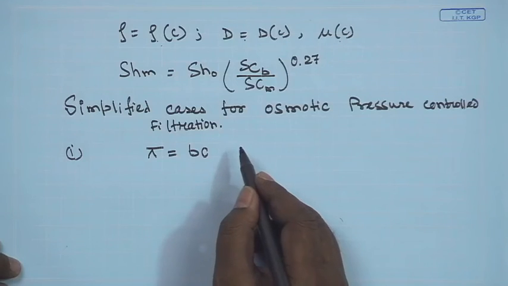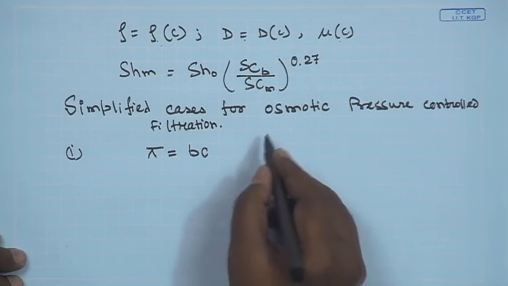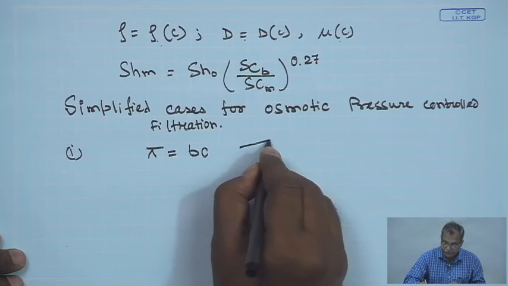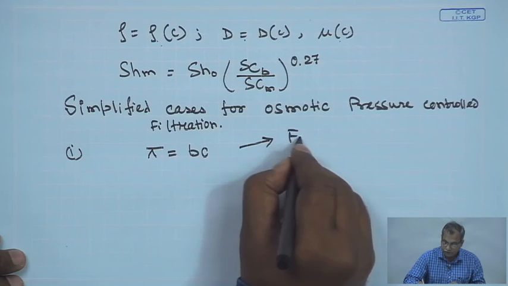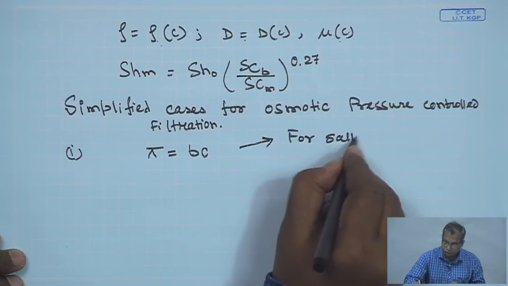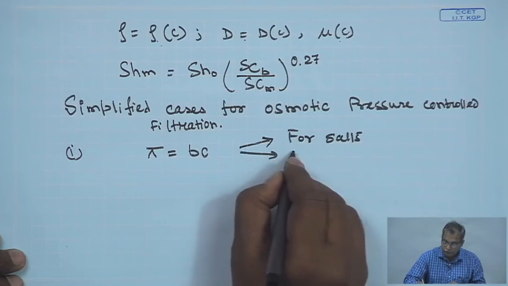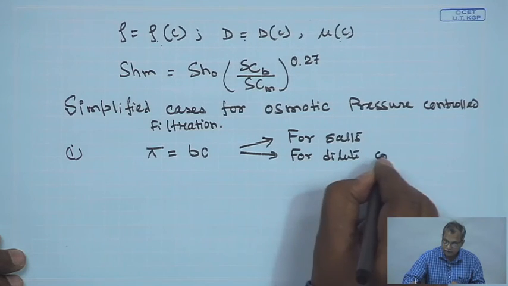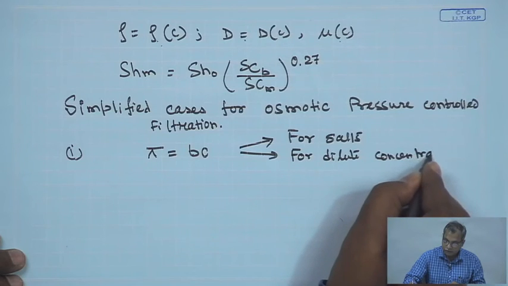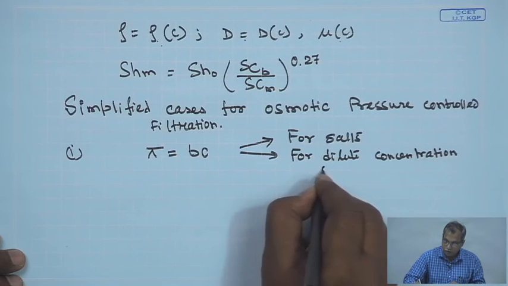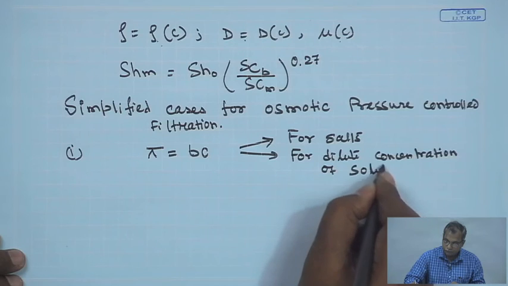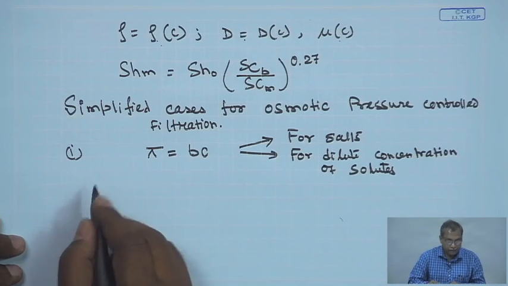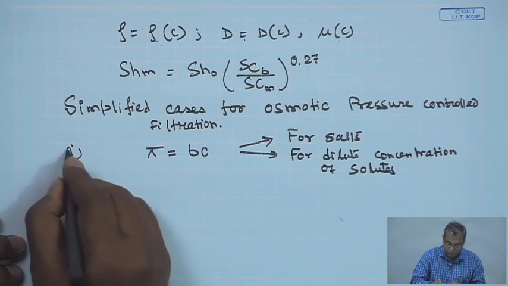So, let us consider osmotic pressure is a linear function of concentration, and this can arise in two cases: for salts and for dilute concentration of solutes. Okay. So, if that is the case, then we consider case number 1.